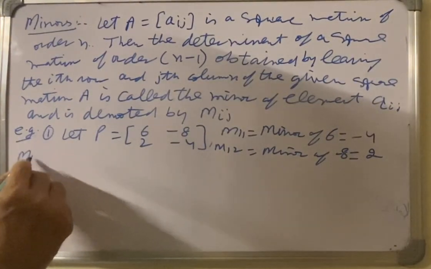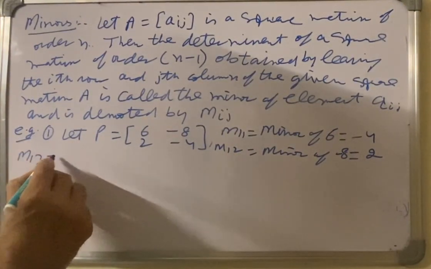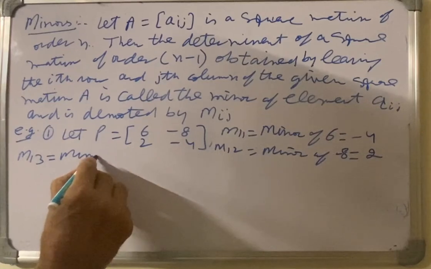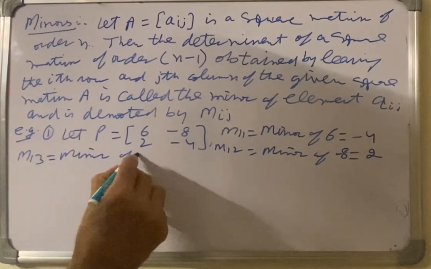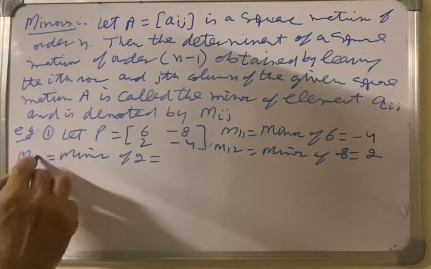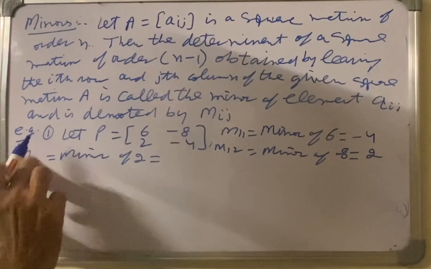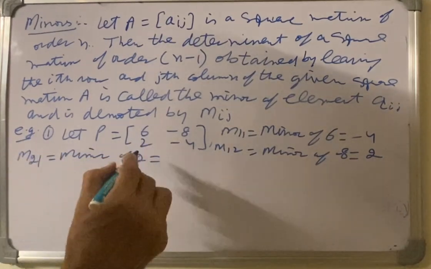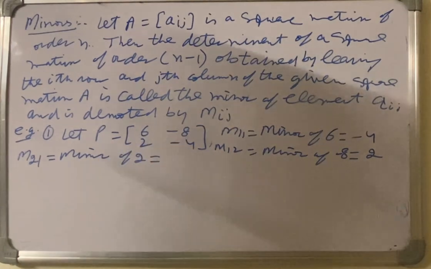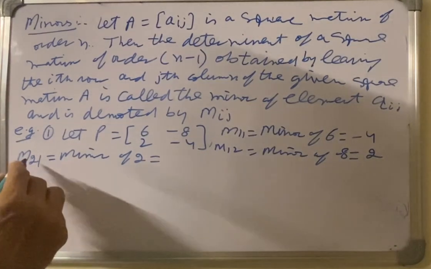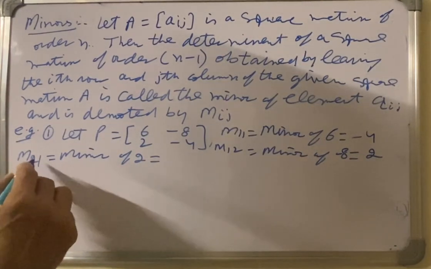Then M21 is minor of 2, this is A21. You will leave second row and first column.